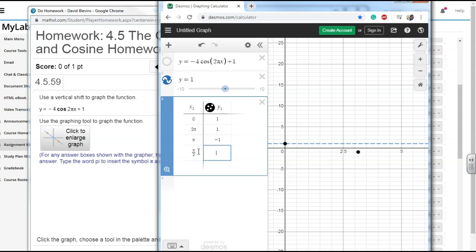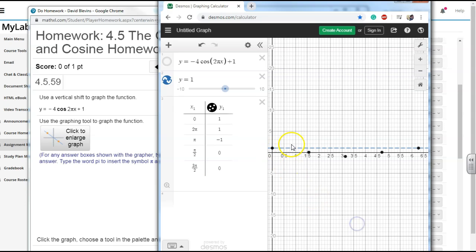Again, typically the quarter point would be at the midline. And then at 3 pi over 2, that's the 3/4 point, we'd be back at the midline also. And that's 1 period of cosine typically. Like if I graphed y equals cosine x, they go through those points.